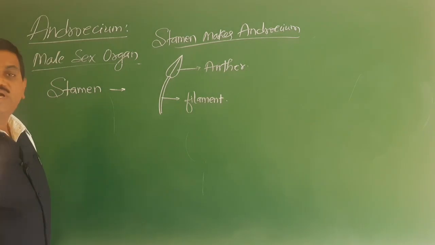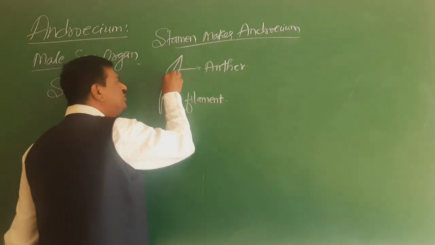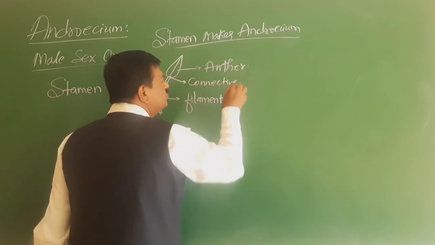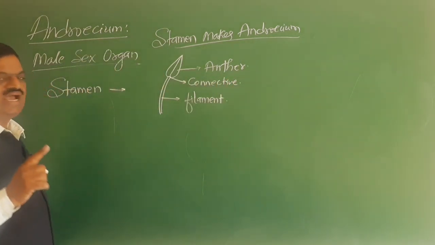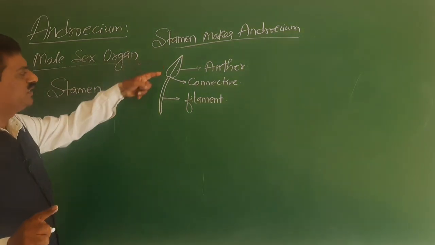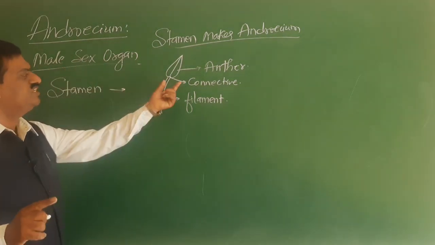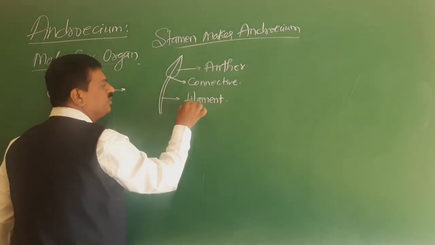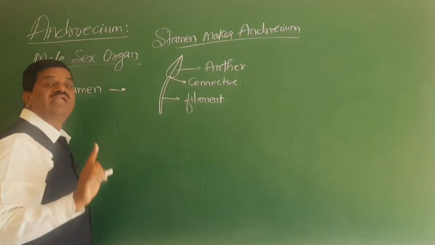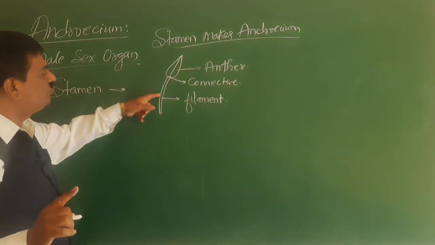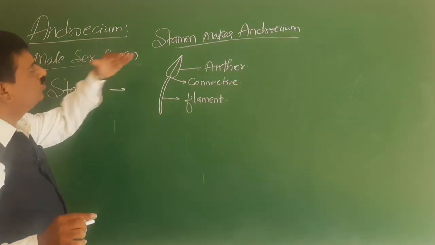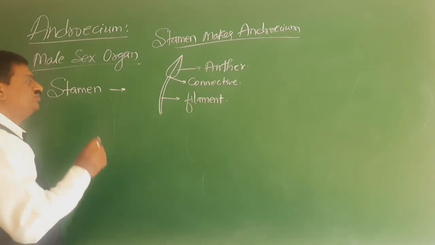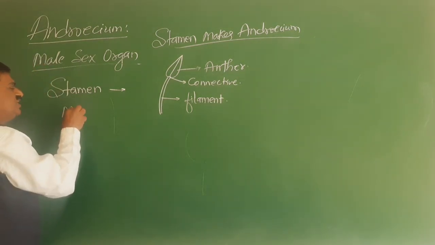The filament and anther are connected by the connective. So we can say the stamen has two parts, anther and filament, though you can also mention the connective. Now we go in detail. Inside the anther, there is the presence of the male chamber.